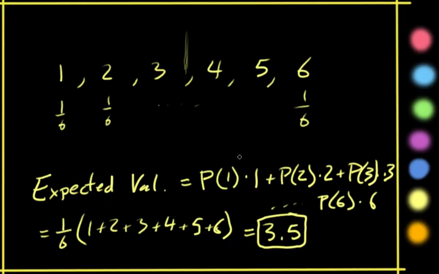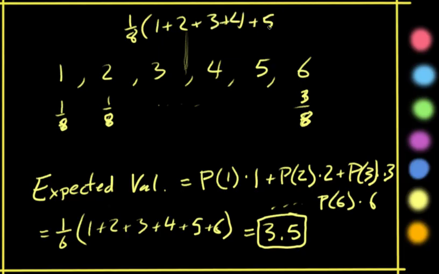So if you had an unfair die, where, for example, instead of 1/6 probability, you had 1/8 probability for each of the numbers from 1 up to 5, so that would be 5/8, and then you had a 3/8 probability for 6, then your expected value would be a little different. This would be 1/8 times 1 plus 2 plus 3 plus 4 plus 5 plus 3 times 6, because this is 3/8, so there's a 3 in here.